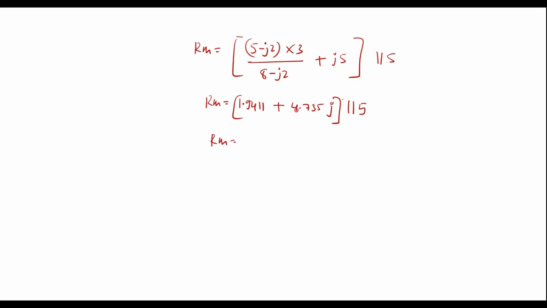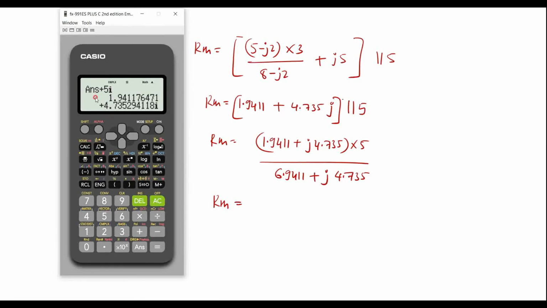Therefore I can write RTH equal to this value, 1.9411 plus J4.735, into 5 divided by the sum of this. So 5 plus 1.9411 is 6.9411 plus J4.735. So we have the result of the previous one into 5, divided by 6.9411 plus 4.735i.